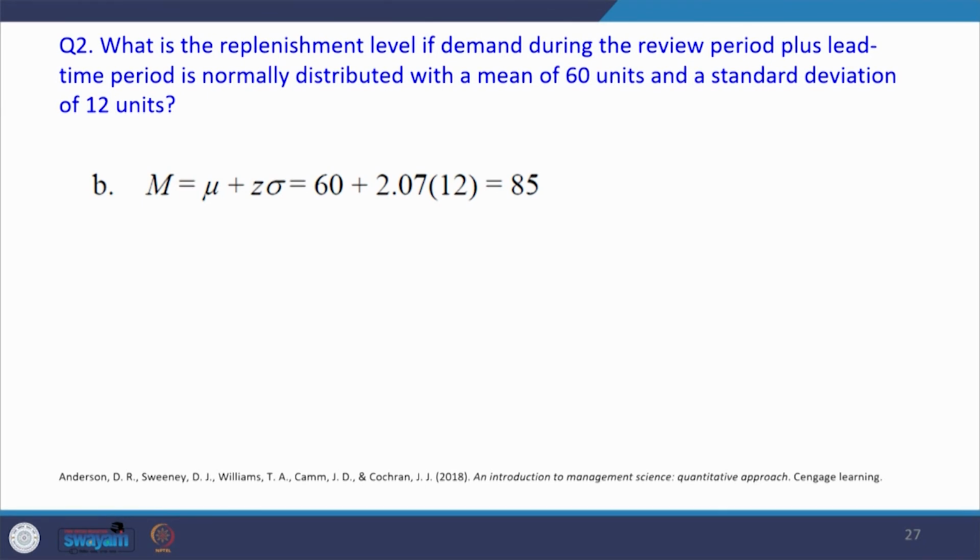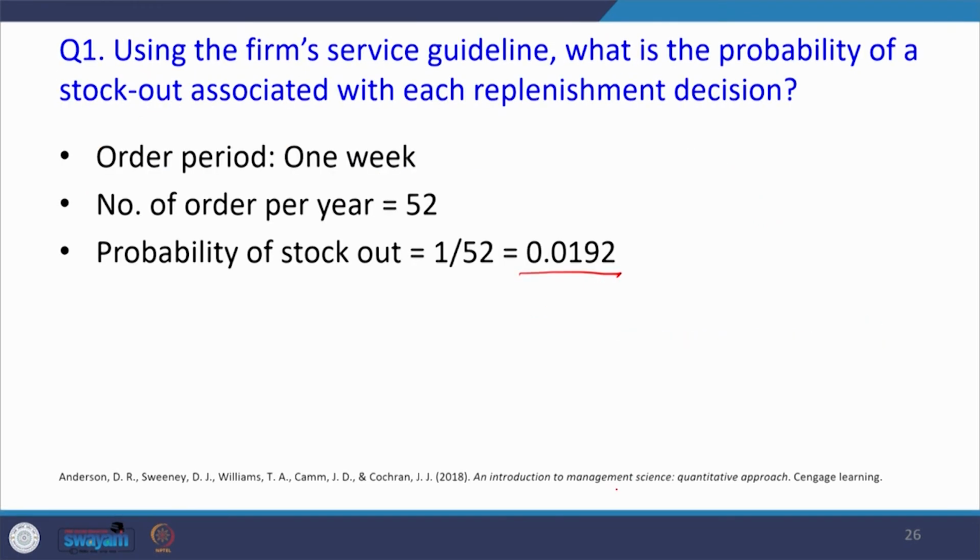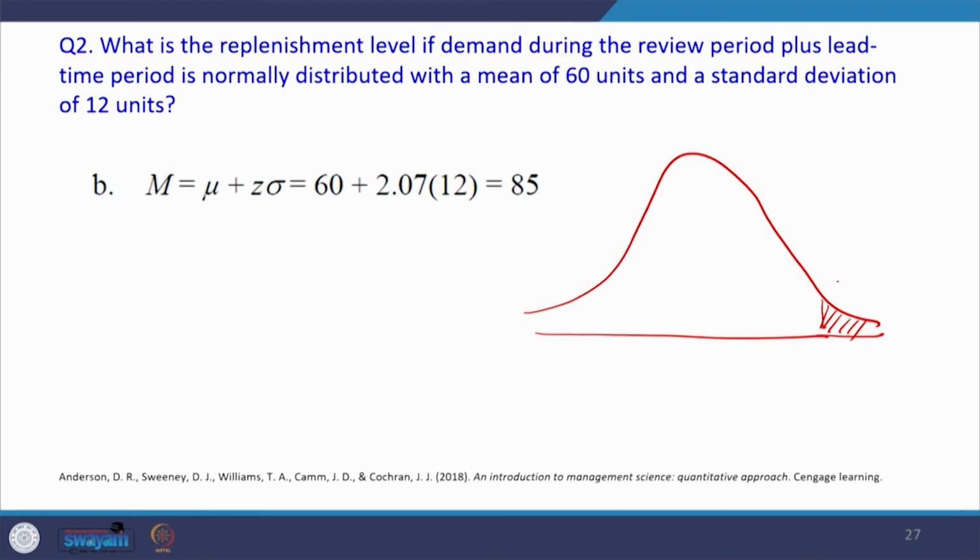What is the replenishment level if the demand during the review period plus lead time period is normally distributed with mean 60 and standard deviation 12? So, what we have to know, you remember previously, from the previous question we have seen the probability of stock out is 0.0192.